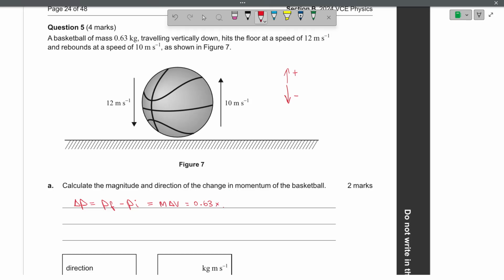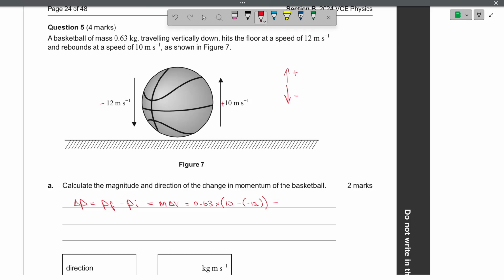0.63 times, okay, change in velocity, final velocity minus initial velocity. Final velocity is this positive 10, okay, minus the initial velocity, but the initial velocity itself is negative, so be very careful with your sign conventions when doing change in momentum questions.